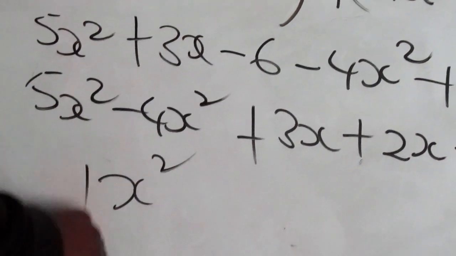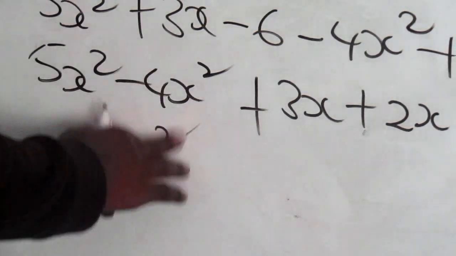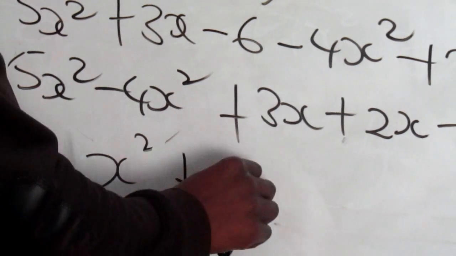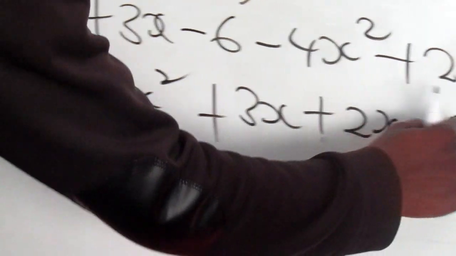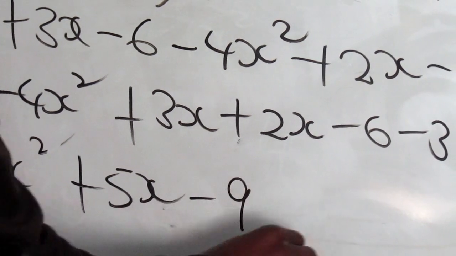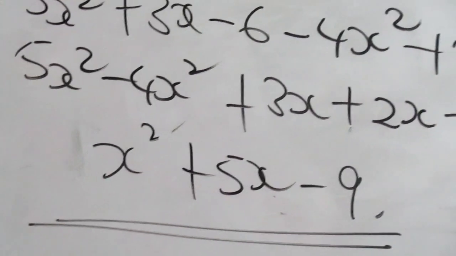So we don't write 1 in front of x, because it's still the same thing. We remain with x squared. Then 3 plus 2, we get 5x. Then negative 6 minus 3, we get negative 9. This is our simplified expression.